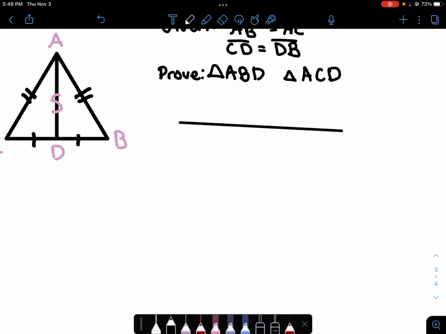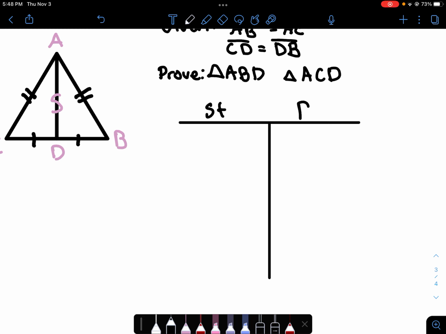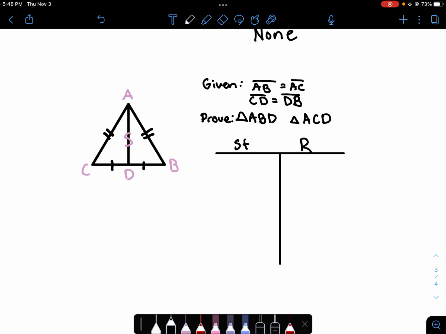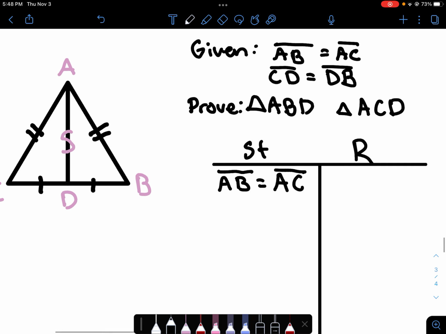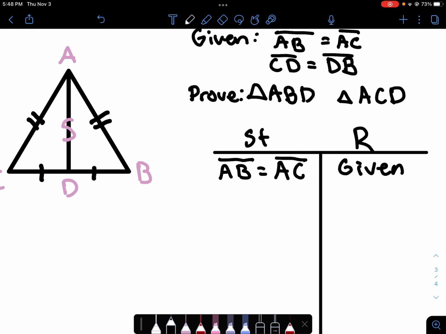Now let's prove it using statements and reasons. The trick to doing these to make it less horrible and tedious is to just start with your givens. So you're going to do AB equals AC. Cool. Our reason is that it's given. And just as a tip on the side, don't try remembering all the theorems and all the corollaries.